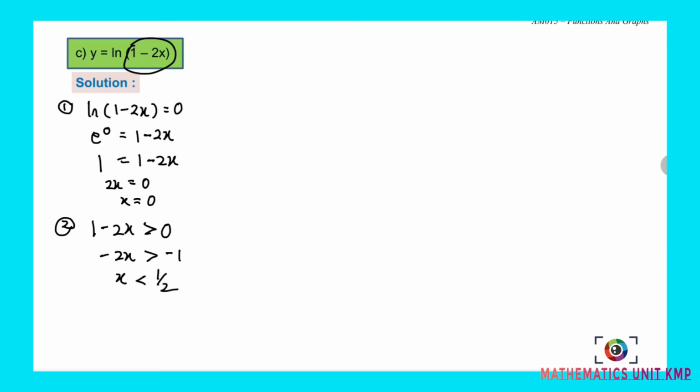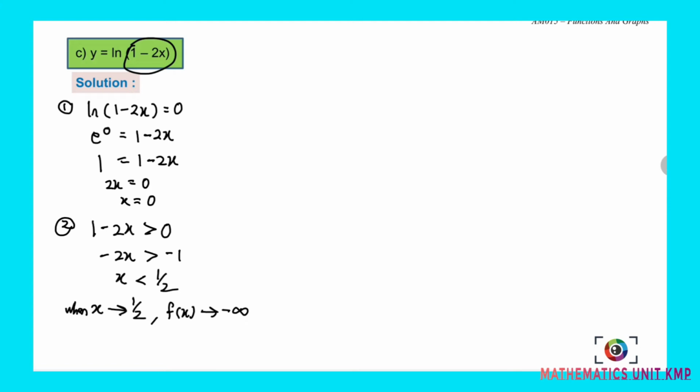Okay, then the vertical asymptote is x less than half. When x less than half, you have to take when x approaching to half. When x approaching to half, the value of f(x) here will be approaching to negative infinity.